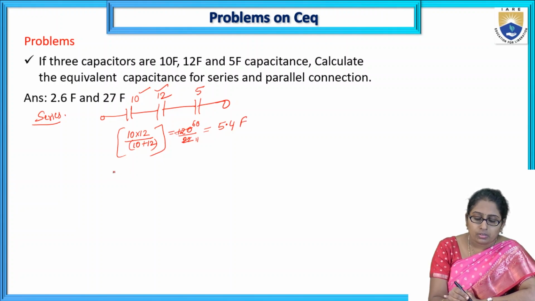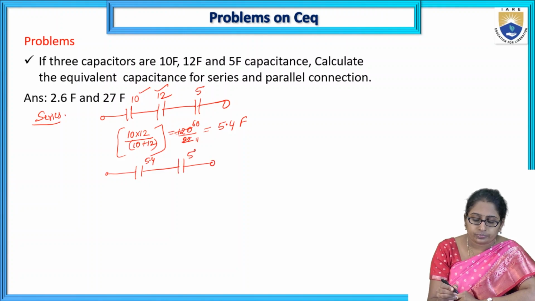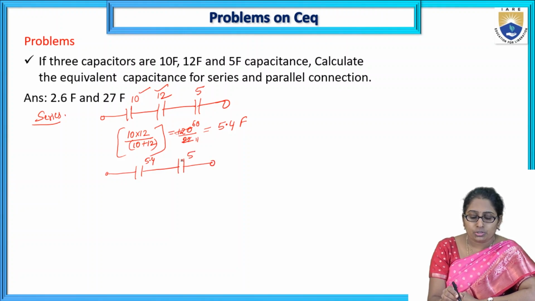Now the next step: this 5.4 is in series with 5. So these two are in series now: 5.4 into 5 by 5.4 plus 5.